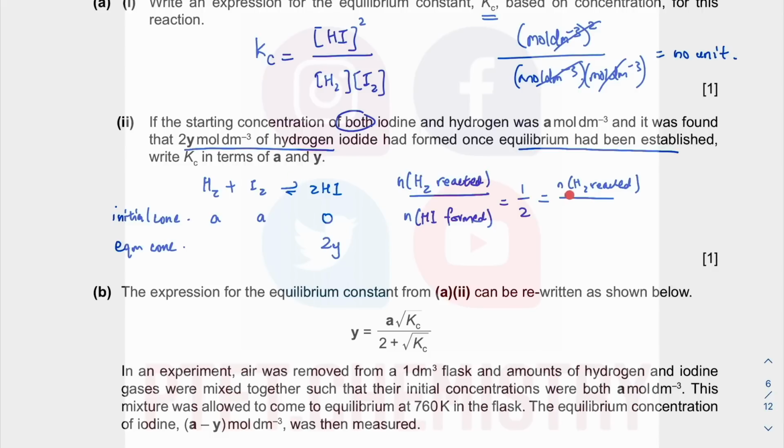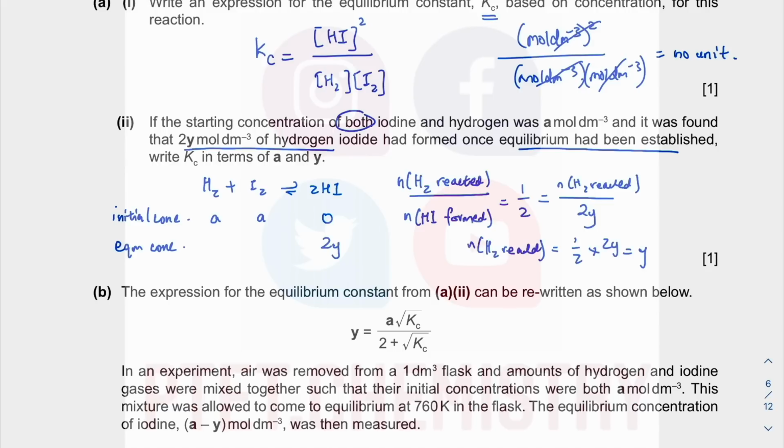Okay, so how much of that has reacted in terms of how much of HI has formed? You started from nothing, you end up with 2y. So you have formed 2y mole of HI. The bottom is for HI, this is from the balanced equation, and this is actual. So the mole of H2 reacted is equal to half times 2y, which is y.